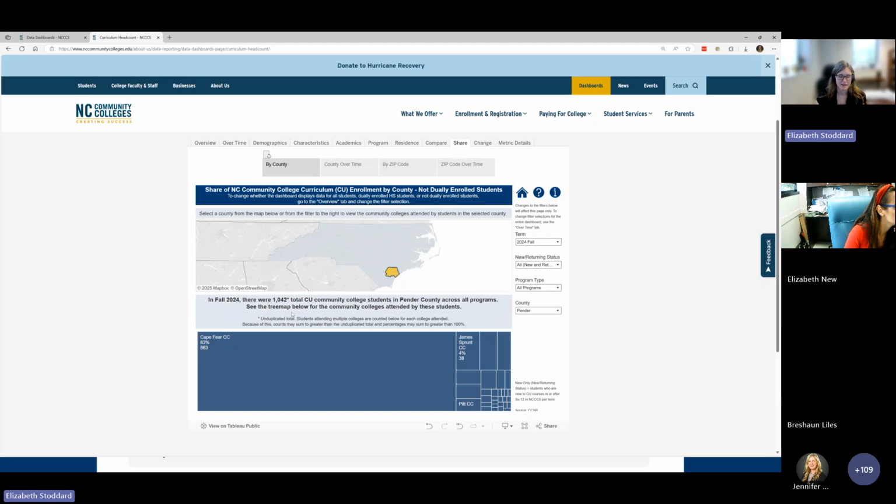We can see that in fall 24, there were 1,042 total community college students who lived in Pender County. About 83% of them went to Cape Fear, but that means about 17% of them did not go to Cape Fear. So James Sprunt had about 4%, Coastal Carolina 3%, Wake Tech got 2%, and then so on. You can hover over all of these boxes to see where else the students went.